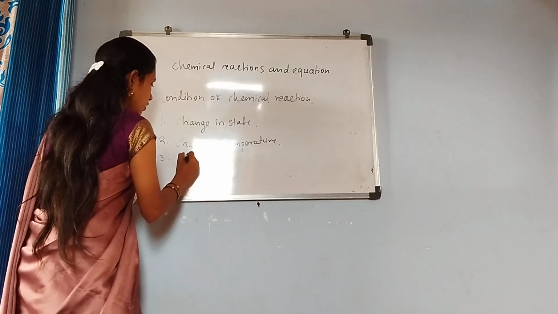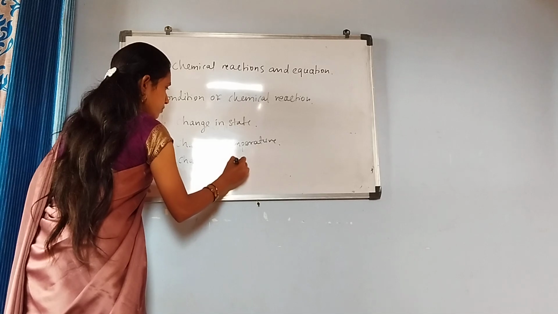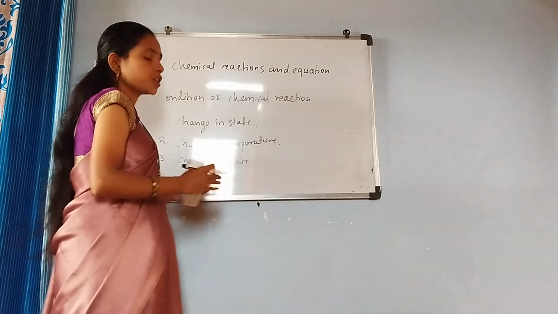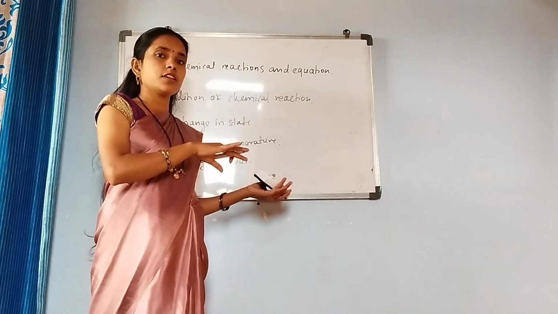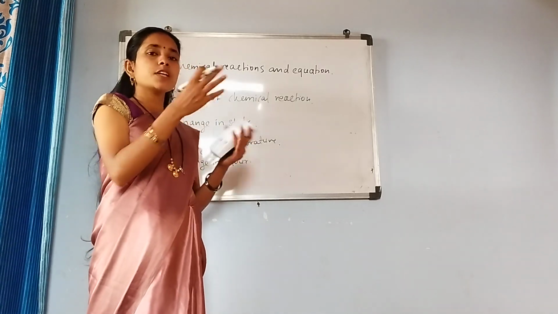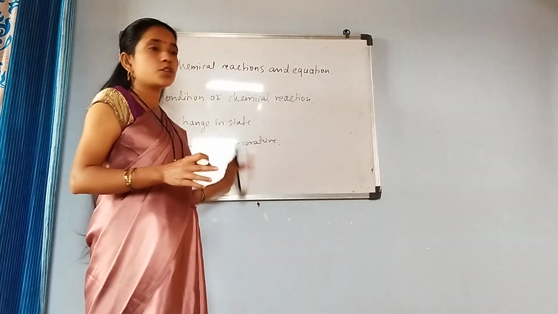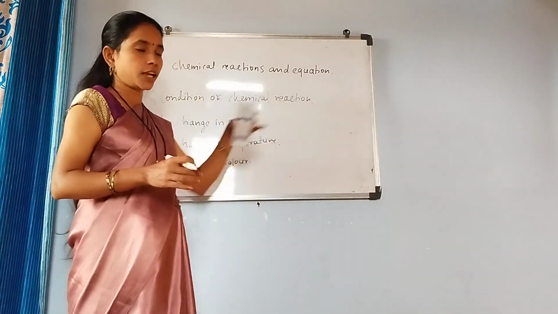Third is change in color. Certain substances in the reactants have a different color, but once the reaction happens and the product is formed, the product color will be changed. So change in color is also one of the conditions of chemical reaction.